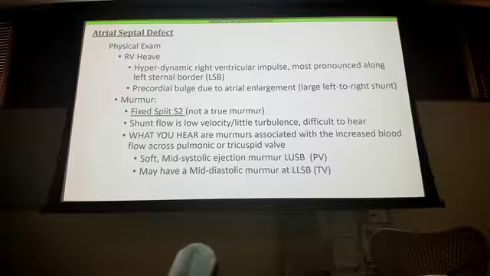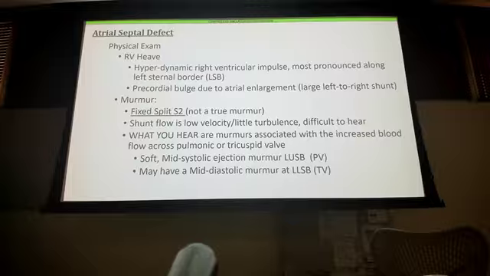It's not really a true murmur, but what's happening is because of all that extra volume and pressure on the right-hand side, it's causing that pulmonary valve to stay open longer to get that volume and that pressure out of the heart. Okay, so fixed split S2 is the classic board question for ASD.